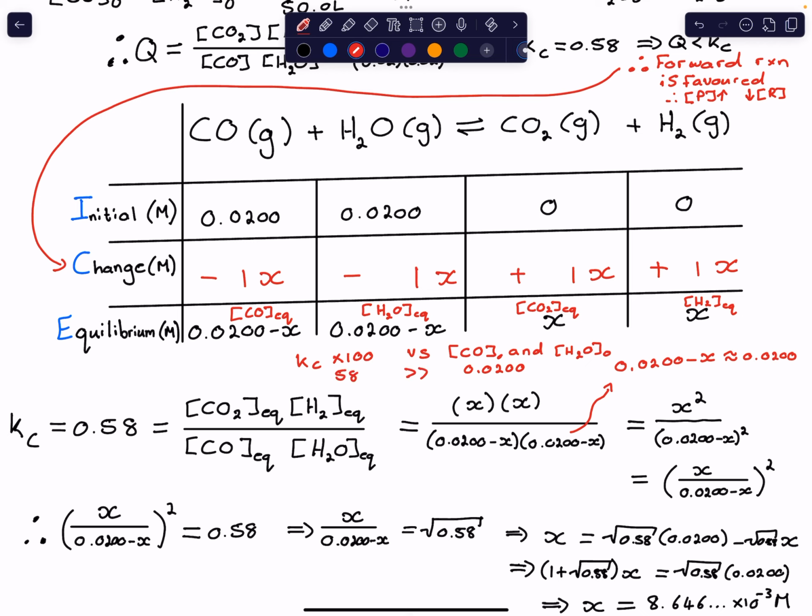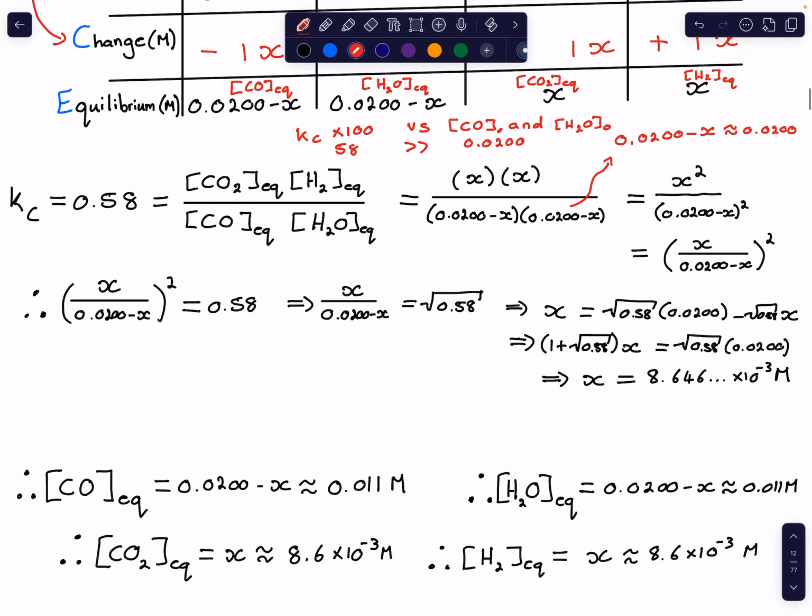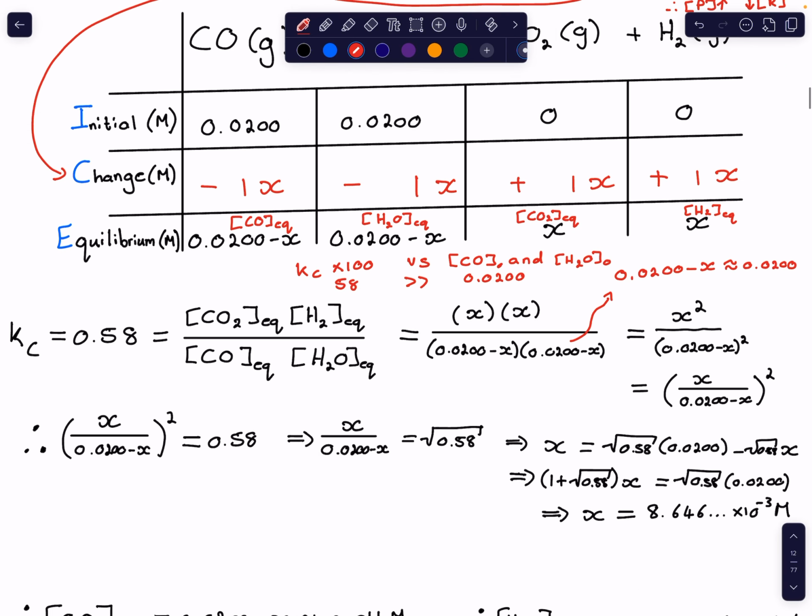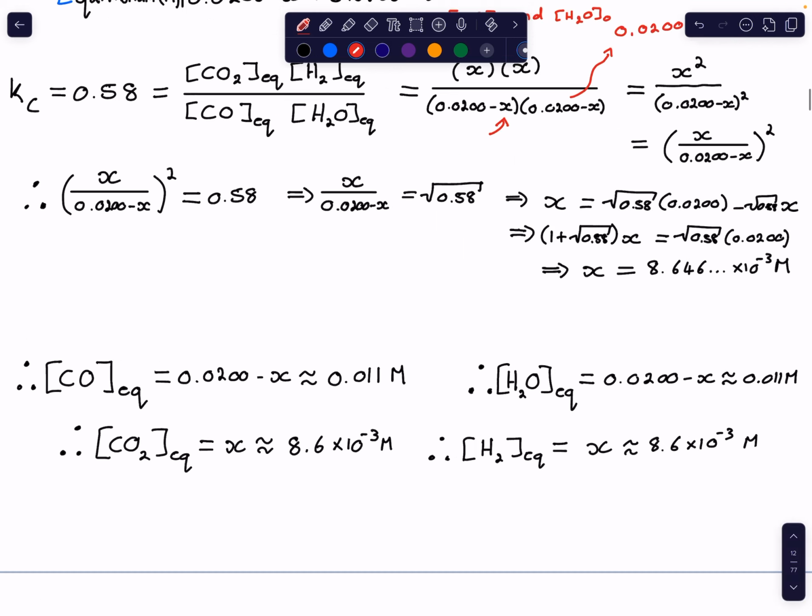That is much larger than 0.02. In other words, it is very much significant. This x here is quite significant when you subtract it from 0.02.